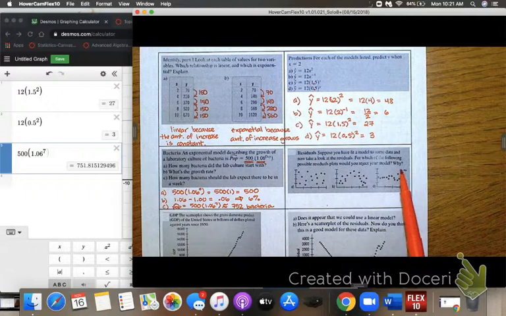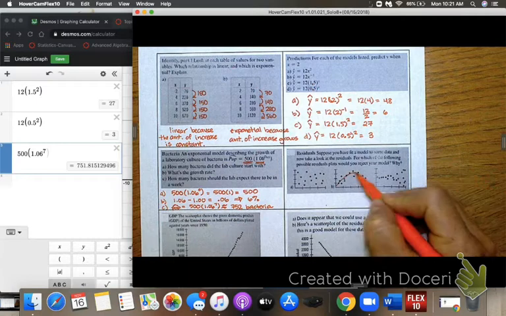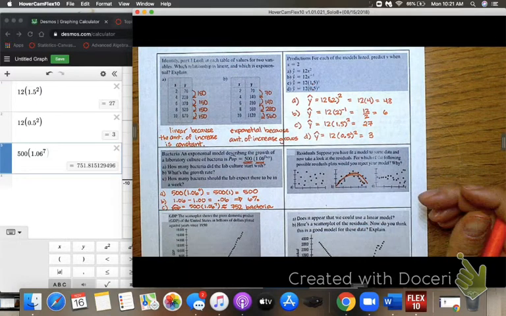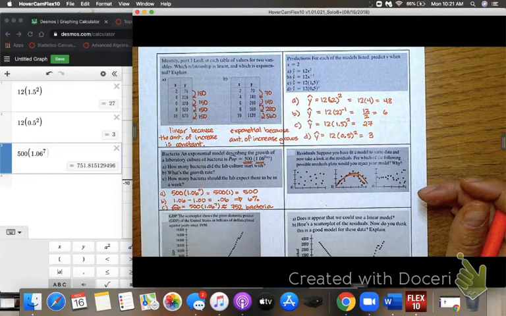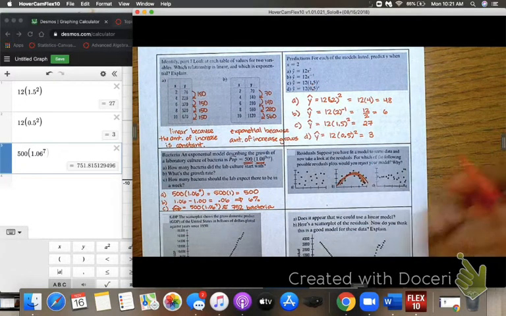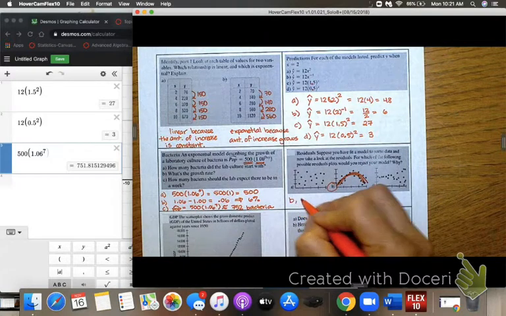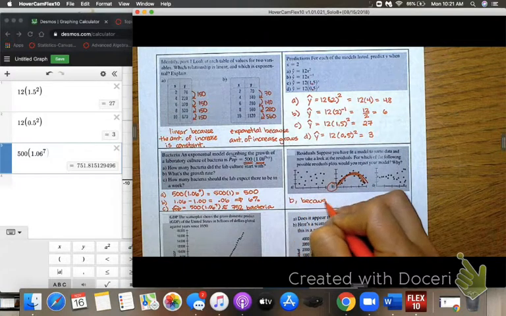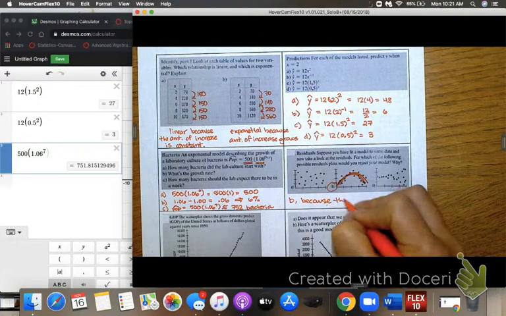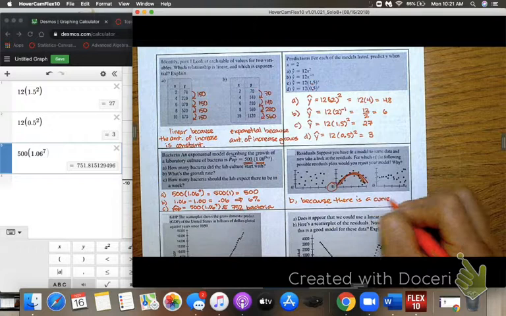If I'm seeing residual plots that are creating a bend or a curve like this one here, this is probably telling me that my linear model is not going to be appropriate, or the model I have is not going to work. So I'm going to choose B, because there is a curve or bend in the residuals.